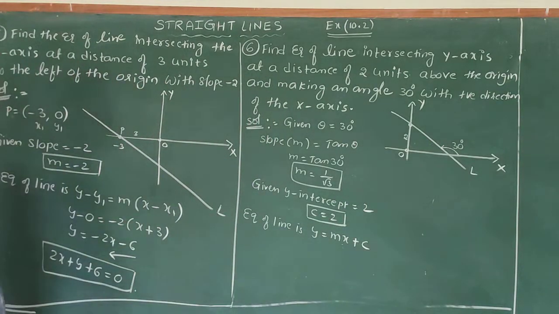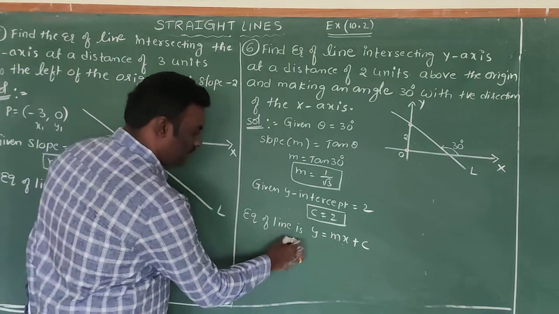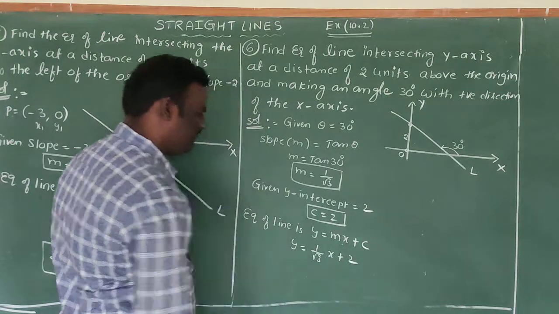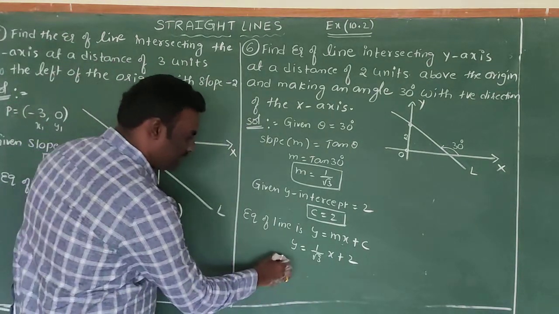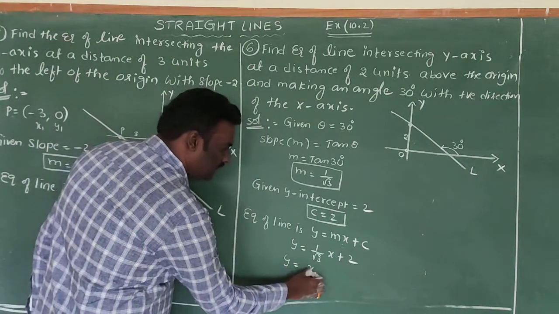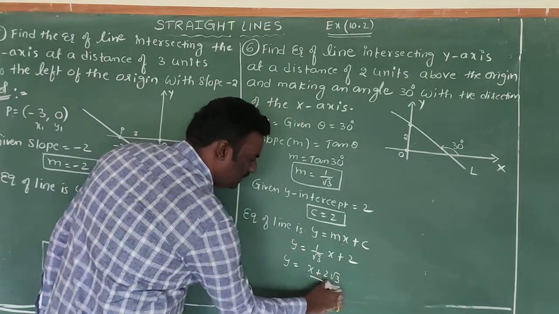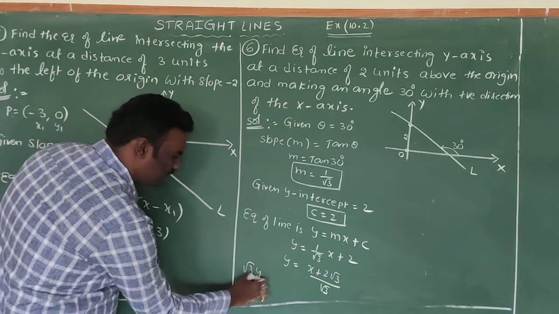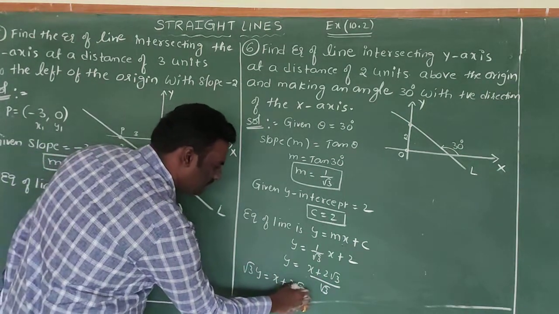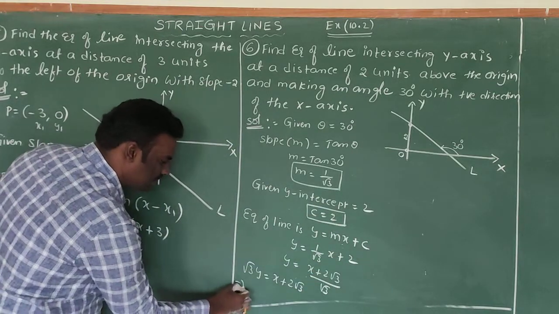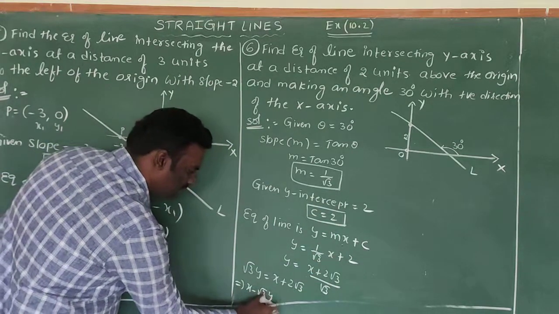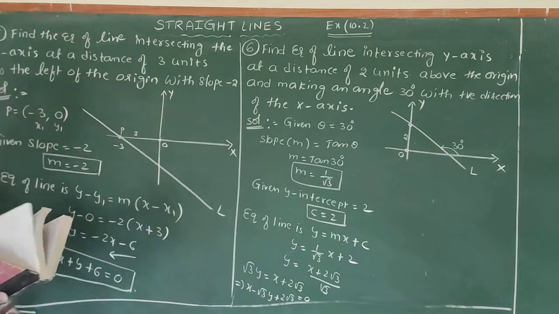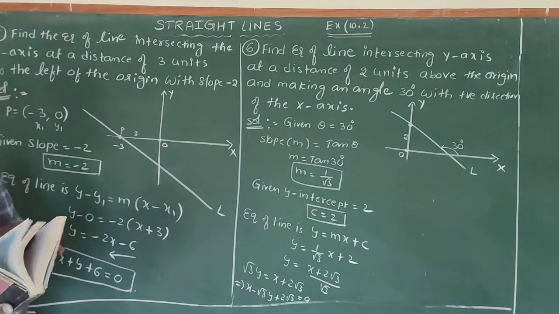We know m, we know c. Substitute. Y equals m, which is 1 by root 3, into x plus 2. If you take LCM, y is equal to x plus 2 root 3 by root 3. Cross multiply. Root 3 y is equal to x plus 2 root 3. The y term goes to that side and becomes minus, then x minus root 3 y plus 2 root 3 is equal to 0. This is the required equation of straight line.